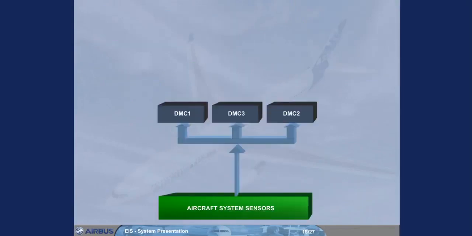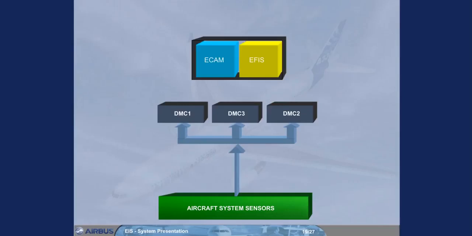Data for certain parameters, for example, fuel quantity and primary engine indications, is routed directly from the system's sensors to the three DMCs. Note, there are separate channels within each DMC for ECAM and EIS. Each DMC can simultaneously supply one PFD, one ND, and both ECAM display units.